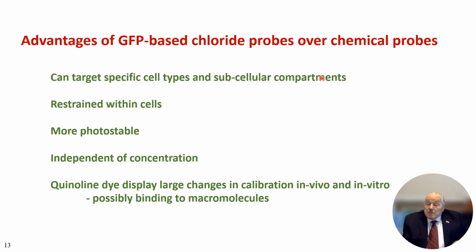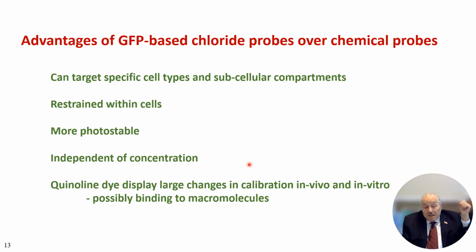If you can get these probes to work, there are many advantages to YFP-based chloride probes. In order to do it, you have to, of course, put the gene into the cell. That makes the experiment more complicated. But because you have to put the gene into the cell, you can target different cell types. Naturally, it's retained within the cells after it's synthesized.